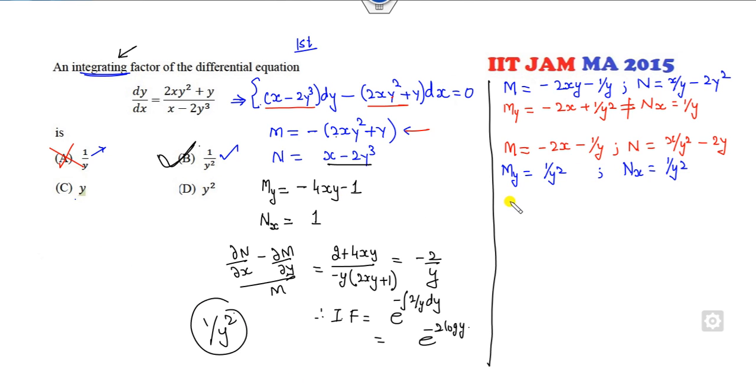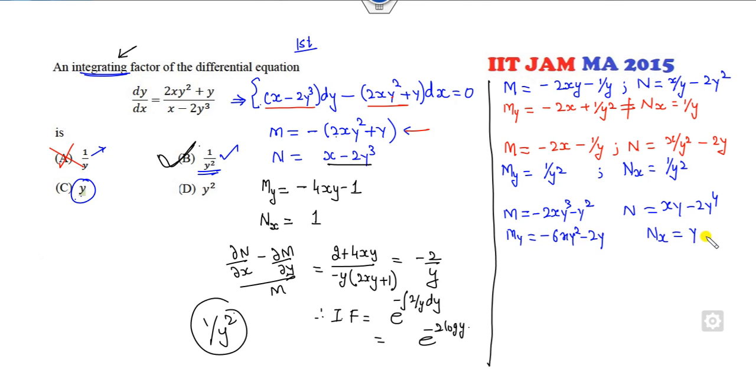If I look at the C option, because there is only one correct option, we got that. And it will take hardly 10 seconds. Look at this. If I multiply this equation by y, it is 2xy cube minus y square. If I multiply this, it is xy minus, so clearly the partial derivative of M with respect to y is 6xy square minus 2y, while the partial derivative of N is y, which are not the same.